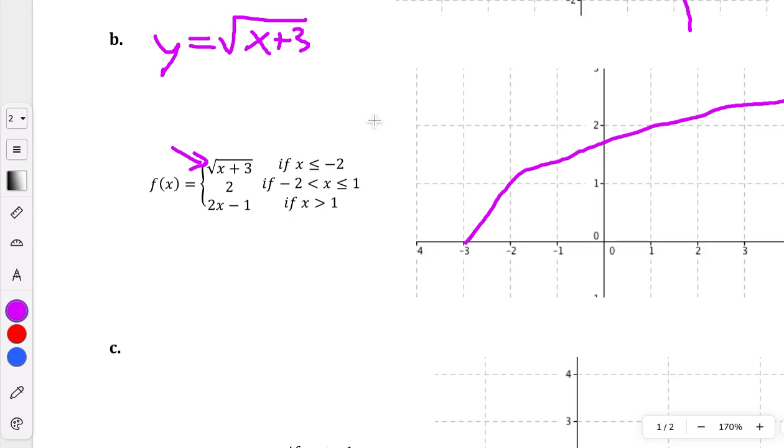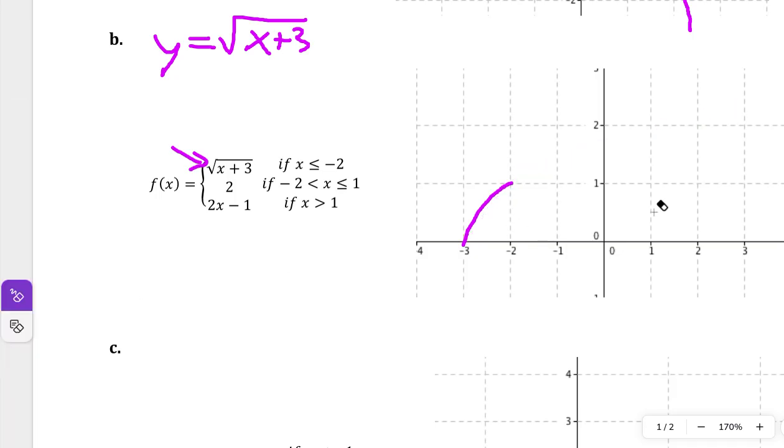Why is it not that? It's only where x is less than or equal to negative 2. Well, that's just this itty-bitty part over here. And all this other stuff, so let me actually recolor this. It's only this part here, and everything else is gone.